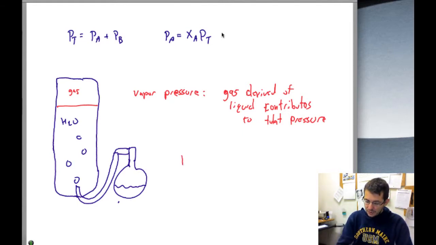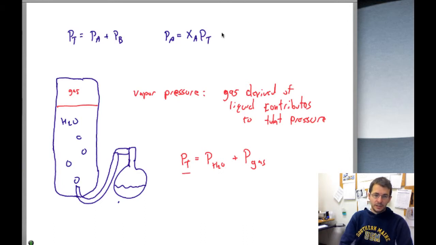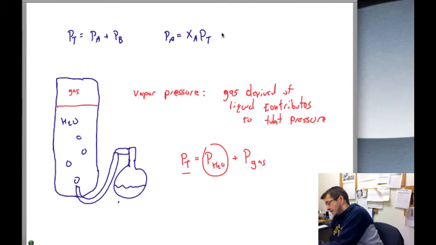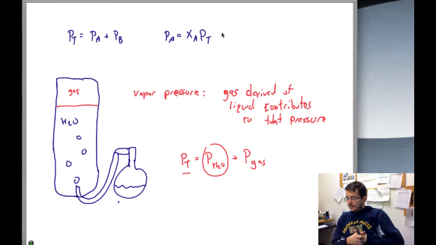So that means that whenever you collect a gas over water, the total pressure will equal the partial pressure of the water plus the partial pressure of the gas. And what this does is this artificially inflates the total pressure. And so we have to correct for the partial pressure of water. Lucky for us, there's this lovely little table that someone has calculated that shows the temperature dependence of the vapor pressure of water.